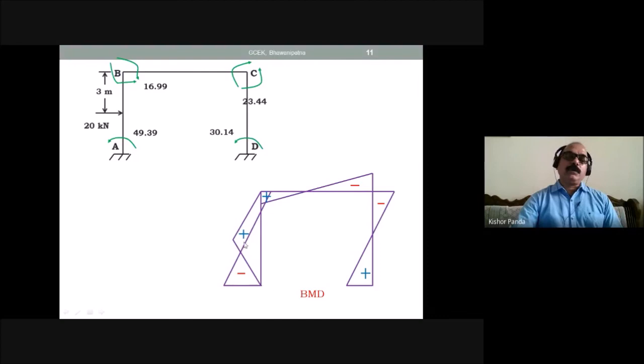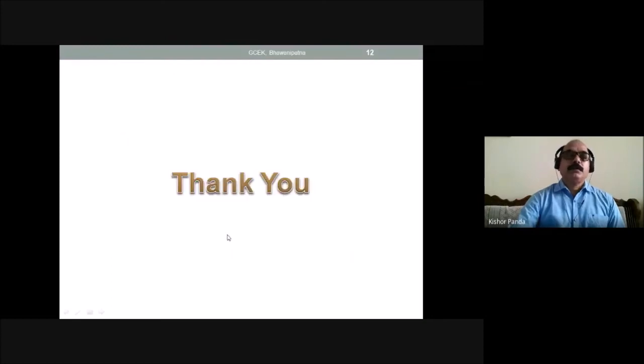So you have to write here the maximum positive moment. So this is your sway analysis, and this is the final bending moment diagram of the frame. Now all is clear how to solve the frame with sway.